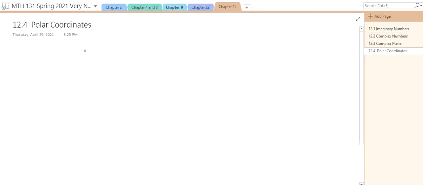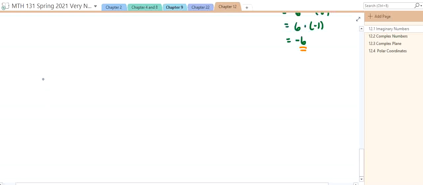But otherwise, we could solve a number of different problems, like the square root of minus 9 equaling the square root of 9 times the square root of minus 1, which equals 3i.